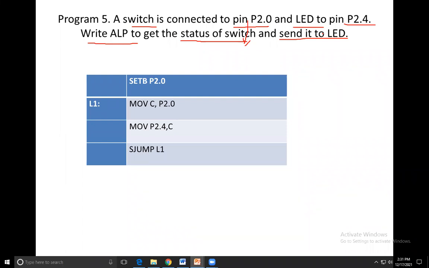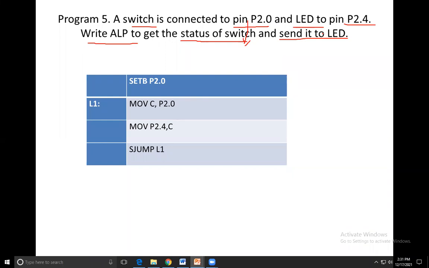See the same program. Check that the program is the same. Please see this and tell me whether the program will run or not.